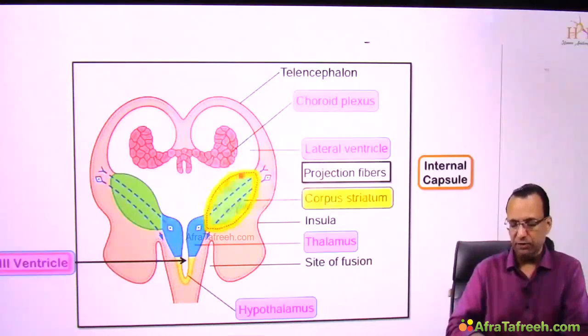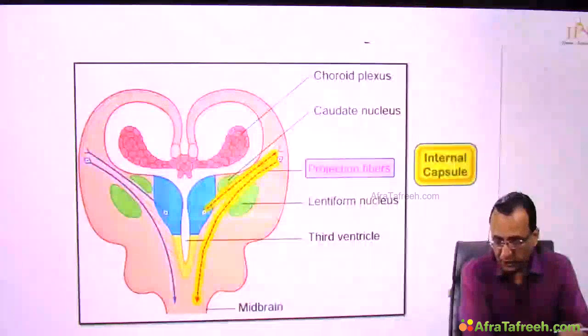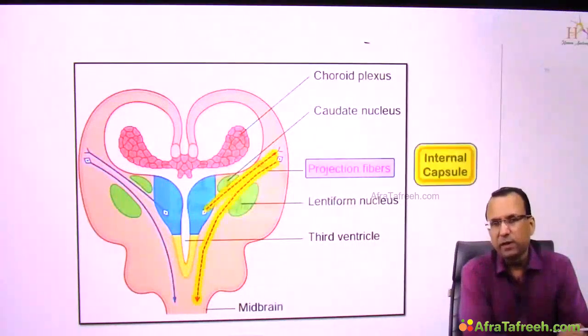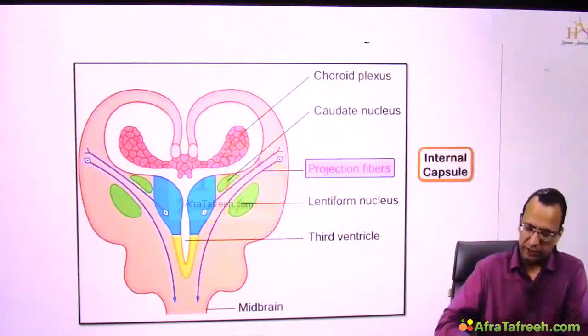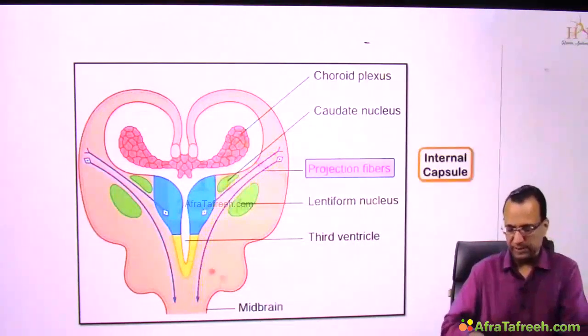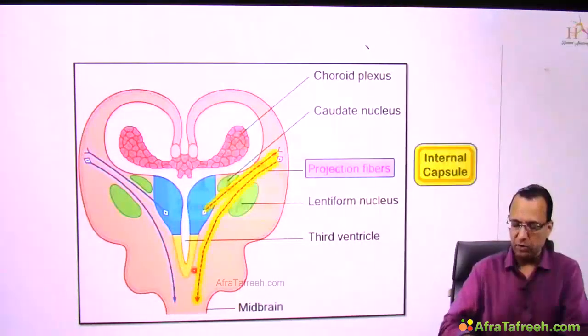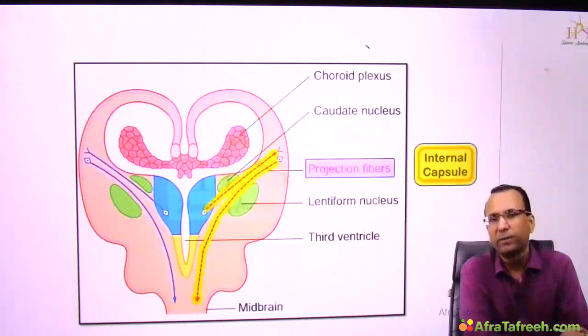Let us look at a diagram which will tell you about the details, the next part of the diagram. See, this is the next part of the diagram where you are showing some projection fibers, a collection of axons connecting the upper brain center with the lower brain center and vice versa. The internal capsule is bisecting the corpus striatum of the basal ganglia into two parts.